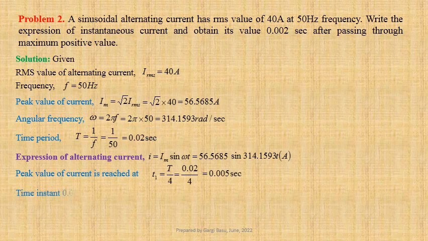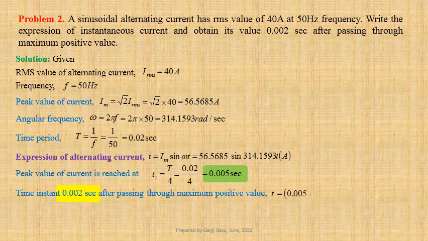Time instant 0.002 second after passing through maximum positive value, t equals 0.005 plus 0.002 second, that is equal to 0.007 second.